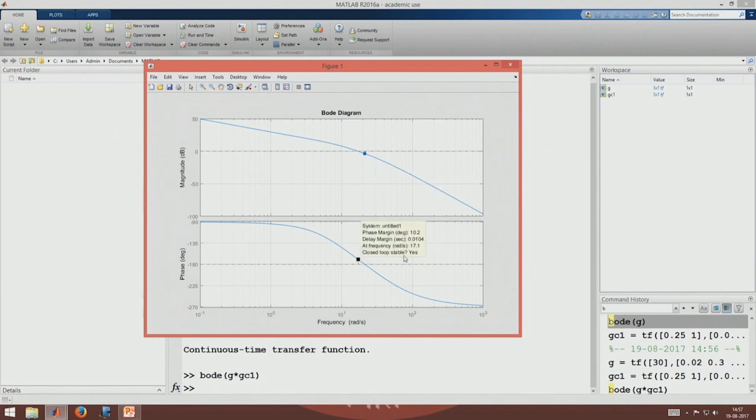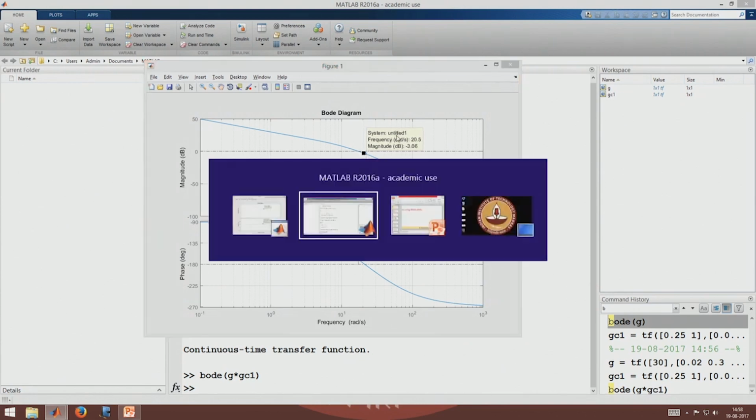The good thing is that the closed loop system is stable. It has a phase margin of 10, a gain margin of about 3.5 dB. Well, not bad, because at least I could get the system close to stability. And the bandwidth, if I go back, a bandwidth of close to 20, roughly about 20, right? Okay, so let's just note this down.